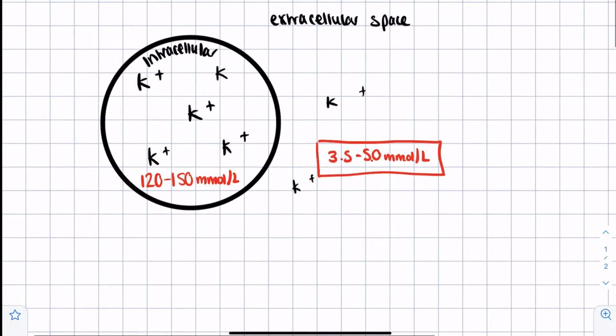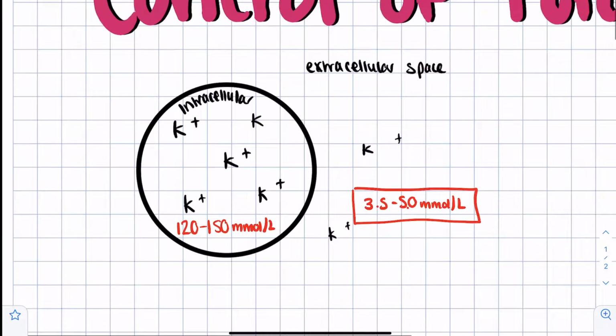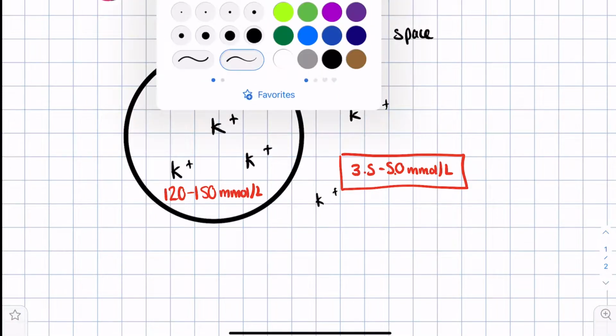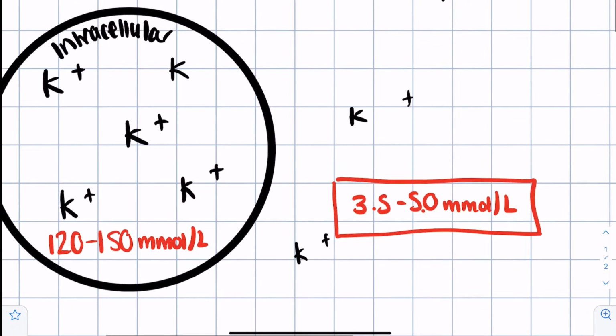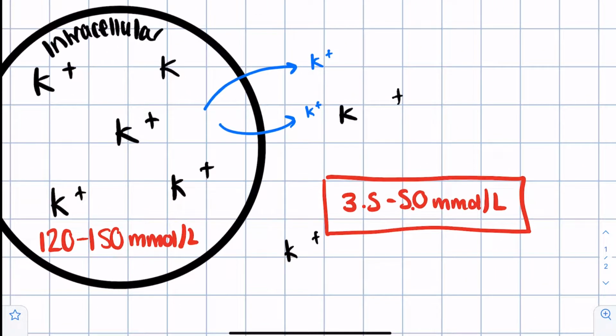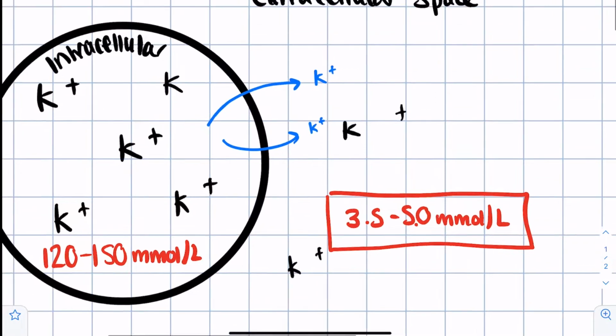So this concentration between intracellular and extracellular potassium is really important in regards to the resting cell membrane potential for cells. As I'm sure you're aware, or hopefully you're aware, it's the movement of potassium outside the cell that gives cell membranes a negative membrane potential.